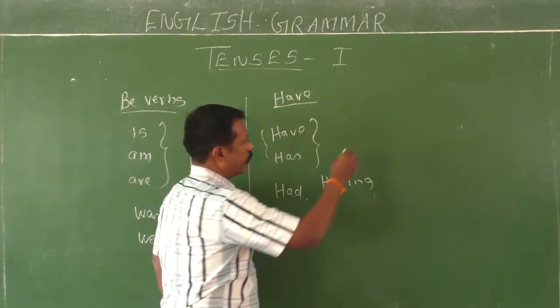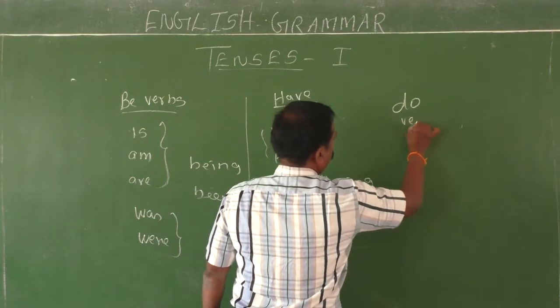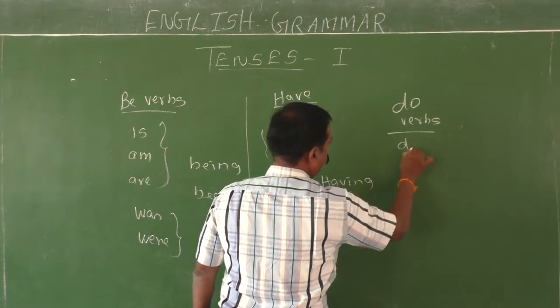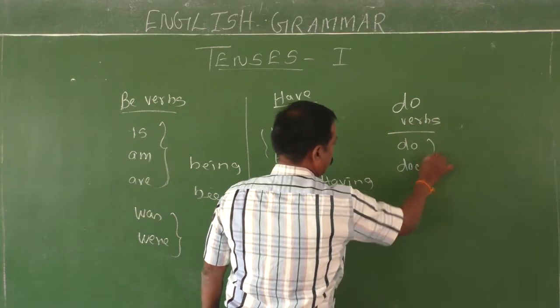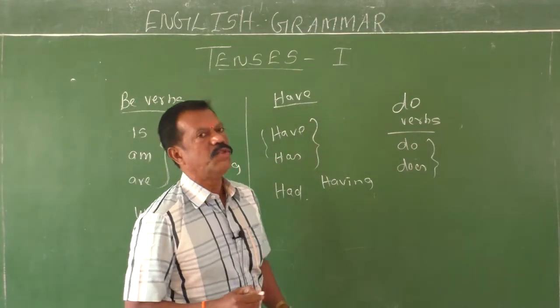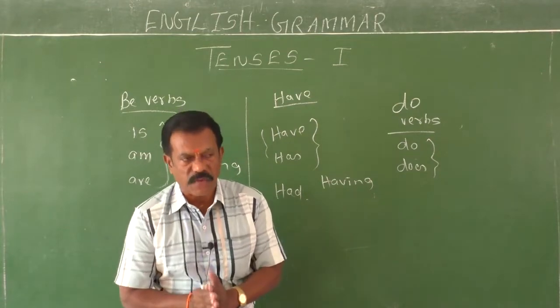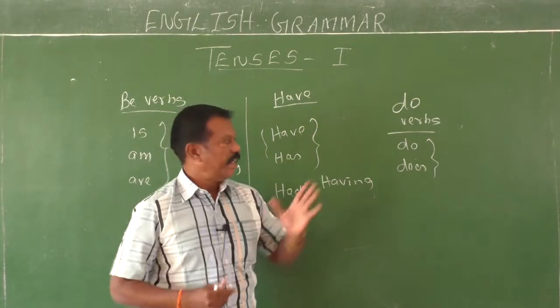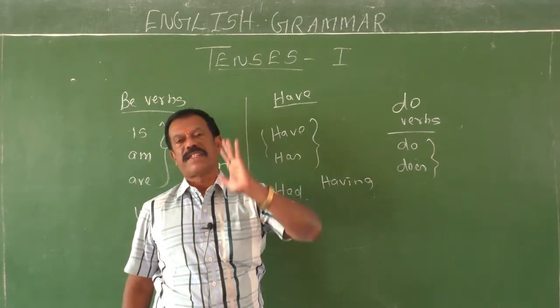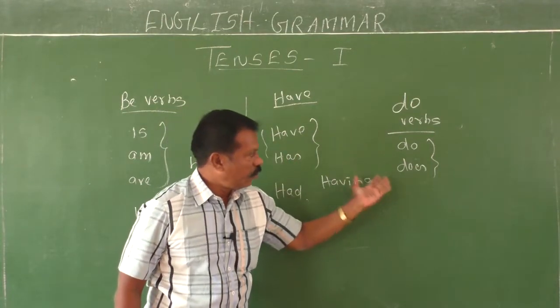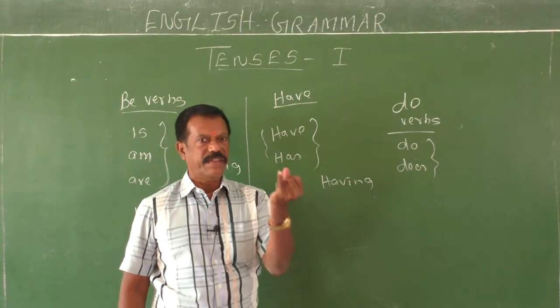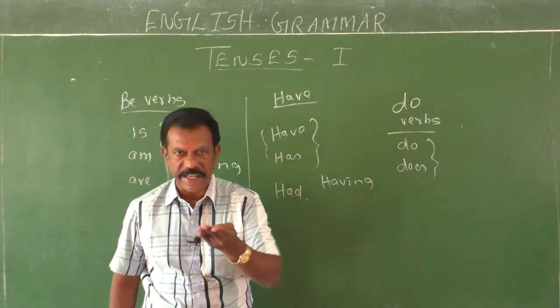Okay. Then do verbs. Do and does. These two are the two forms of do verbs. They refer to present time. Do and does. We use do for I, we, you and they.